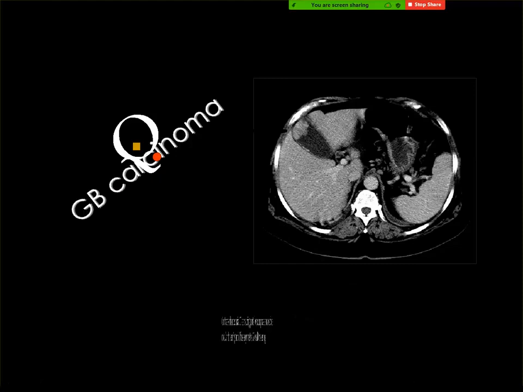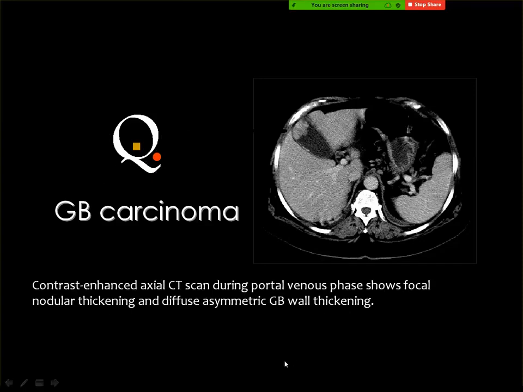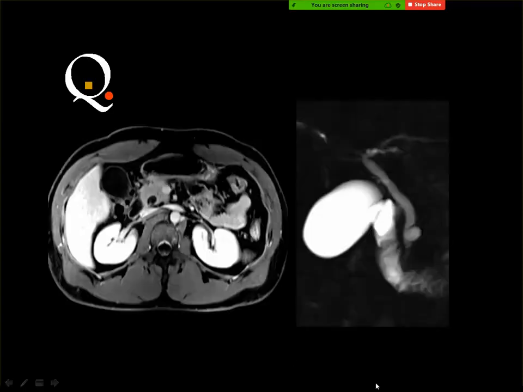Gallbladder carcinoma. Very good. And this is gallbladder cancer, a mass at the fundus of the gallbladder. Choledochocele type? Type 3.